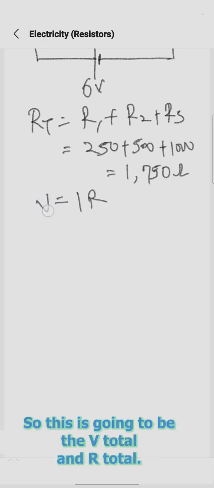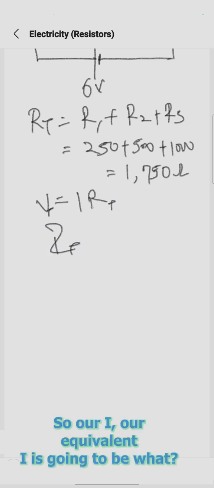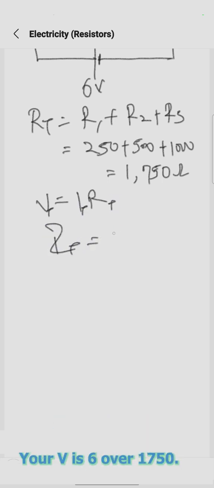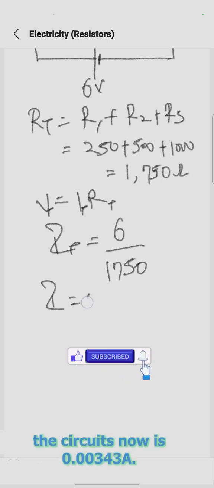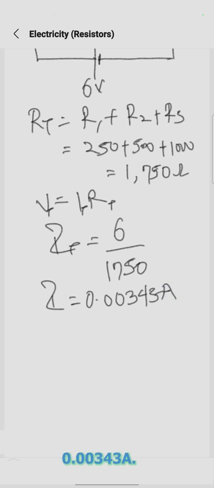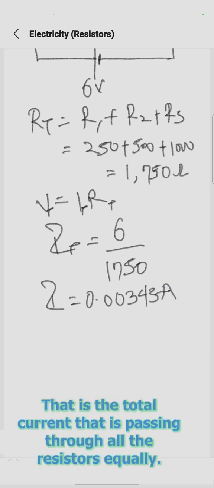So this is going to be the V total and R total. So our equivalent I is going to be what? Your V is 6 over 1750. So my total current across the circuit now is 0.00343 ampere. That is the total current that is passing through all the resistors equally.